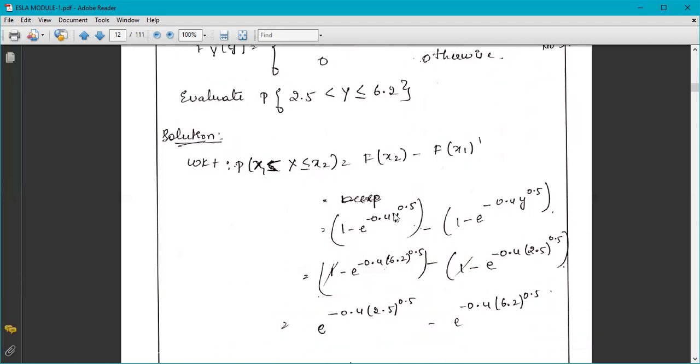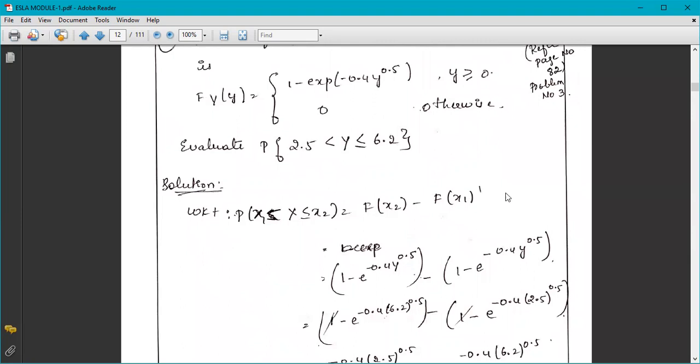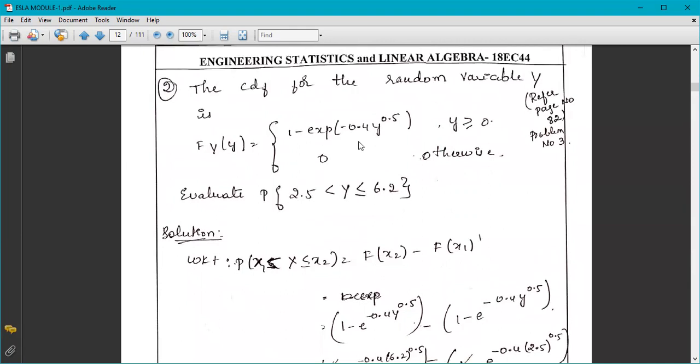In the first term, substitute y as 6.2, then minus, in the second term, substitute y as 2.5, because this is x2 and this is x1. X1 is 2.5.